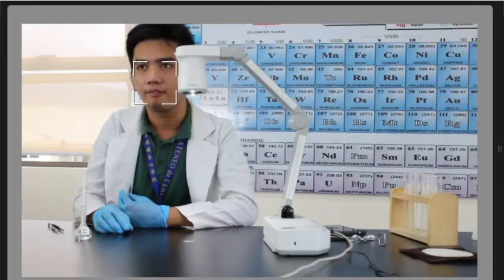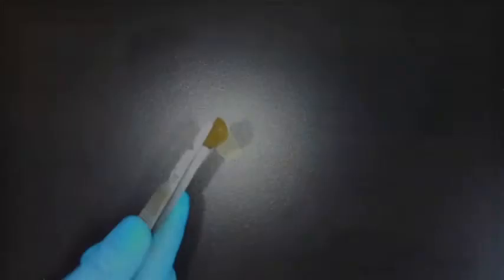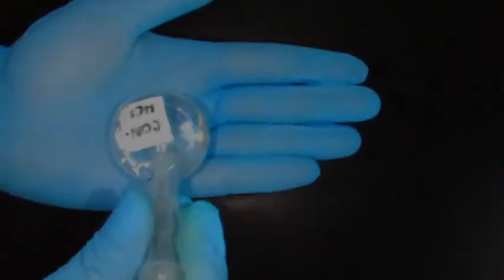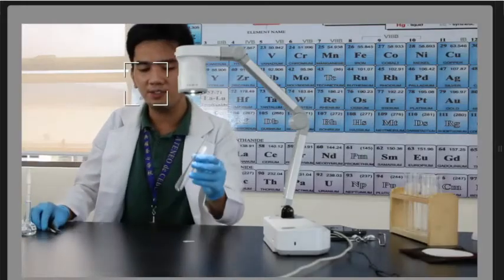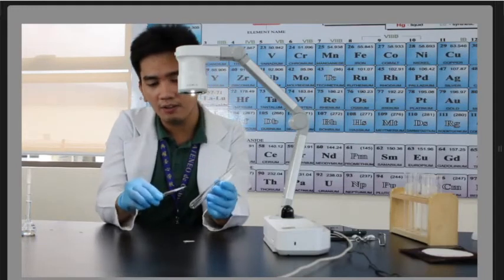Let's cover the next reaction. For this experiment, we're going to have a very small piece of iron sulfide and a concentrated hydrochloric acid. So first step is, of course, we're going to drop our iron sulfide into our test tube.